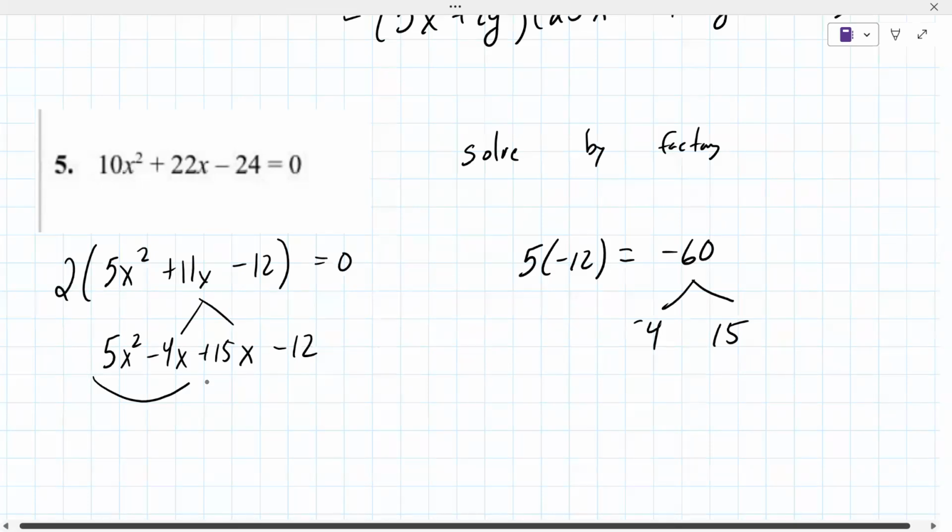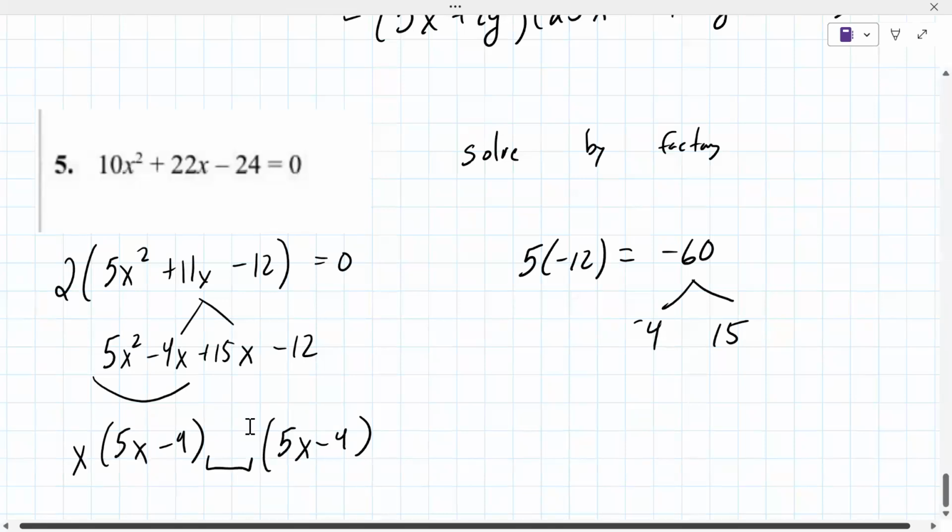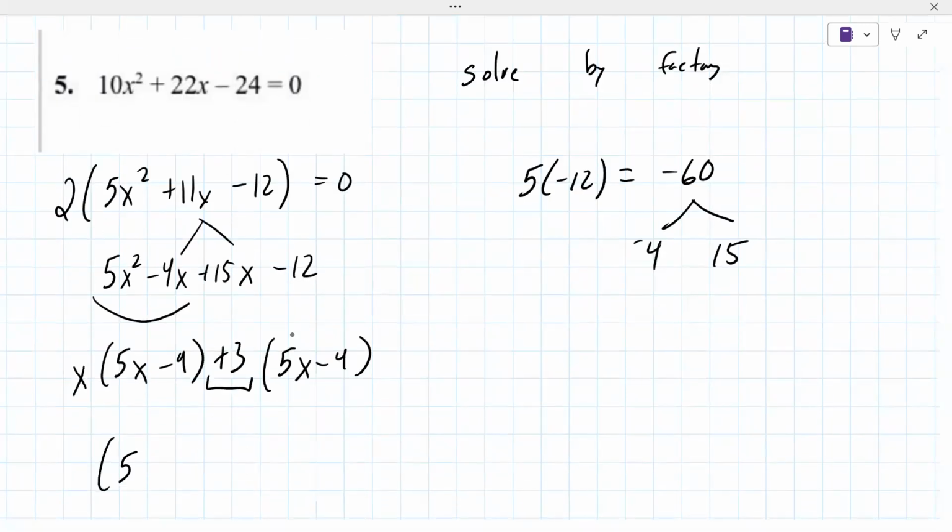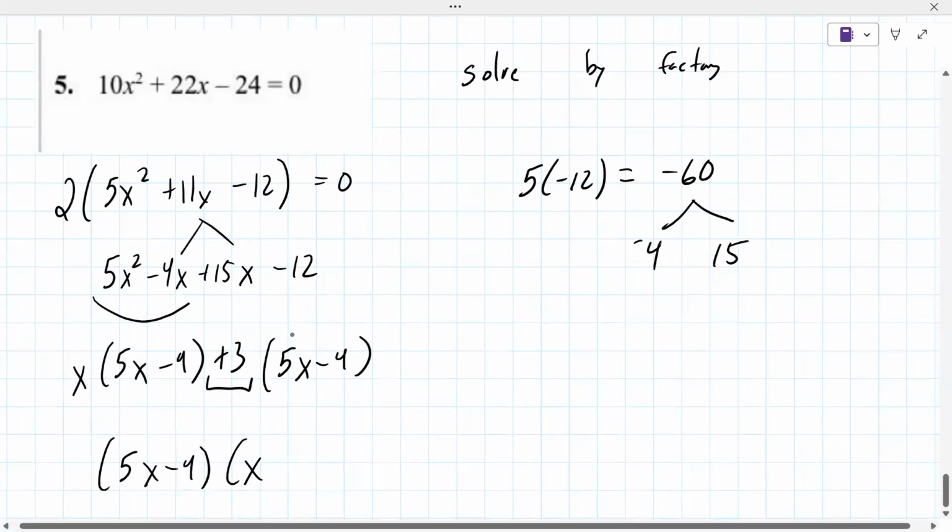X. So it becomes 5x minus 4. What goes in here such that when you multiply you get back to the previous line? Plus 3. So now this becomes 5x minus 4 times x plus 3.